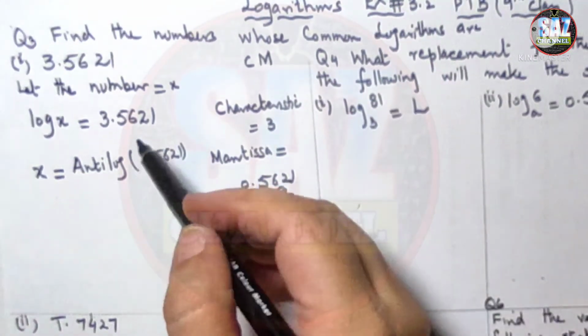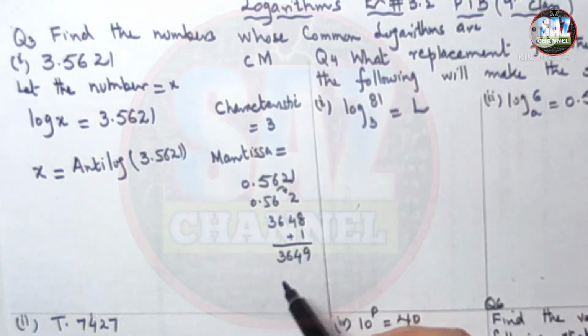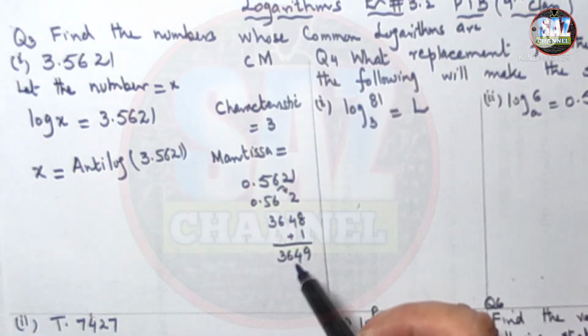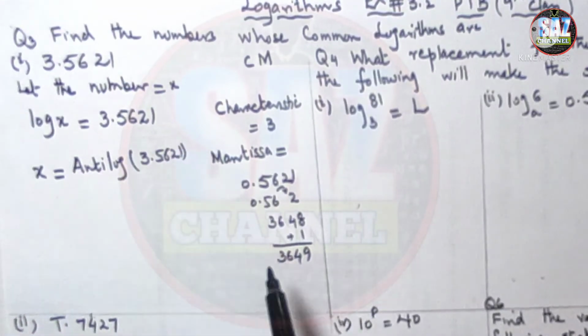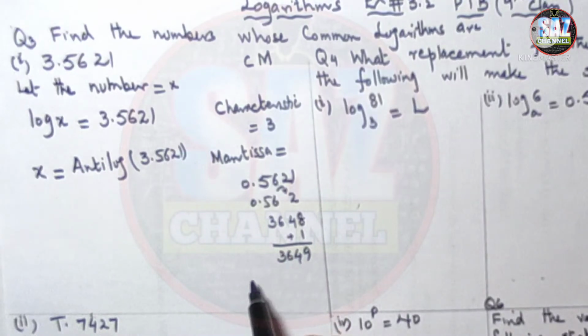Now, what is the role of the characteristic? In order to mark the decimal in the number, we have to add 1 to the characteristic, and whatever answer comes, we leave that many digits from the left-hand side and put the decimal. The characteristic here is 3, so adding 1 makes it 4.